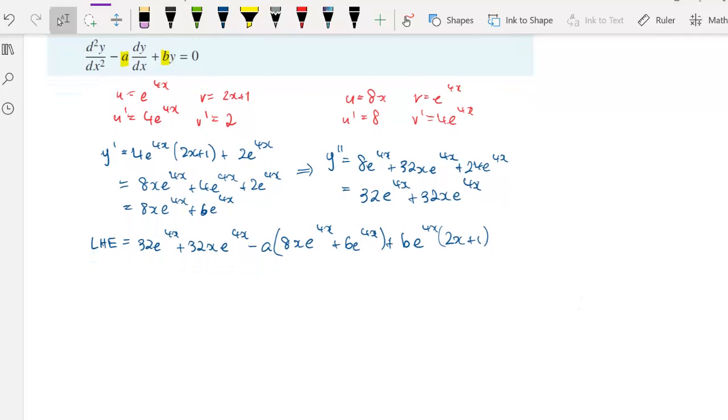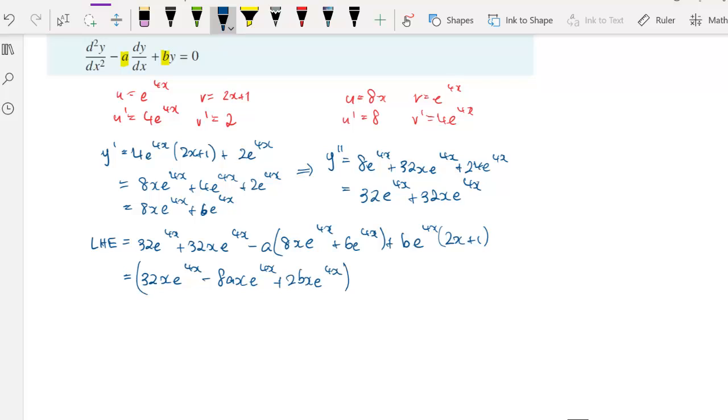Alright, so we probably want to group this into the x's and the non-x's. So with the x's, we've got 32x e to the 4x. We have negative 8a x e to the 4x, and we have 2bx e to the 4x.